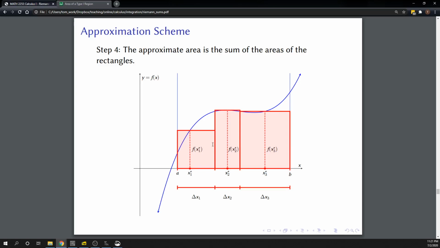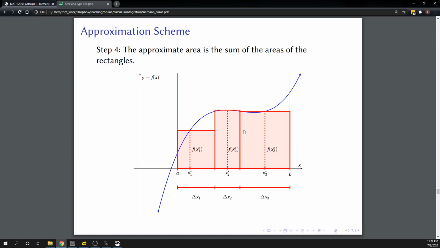Now you may say, hey, that doesn't look like a great approximation, because you've got some areas over here that are not accounted for. This would be part of the region that we want to find the net signed area of, and it's not counted in your rectangles. So you have some underlap here and some overlap here. This rectangle is poking out, and this is area that we don't want in here.